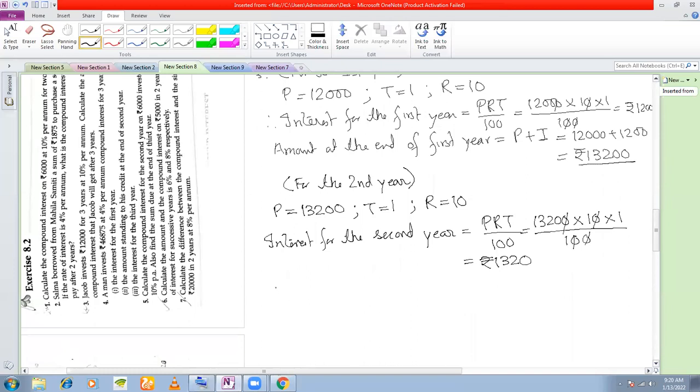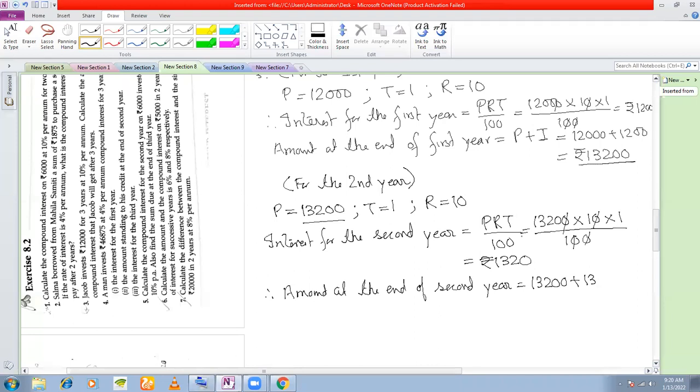So what should be the amount? Therefore, amount at the end of second year is the principal at the beginning of the second year, 13,200, plus the interest, right?